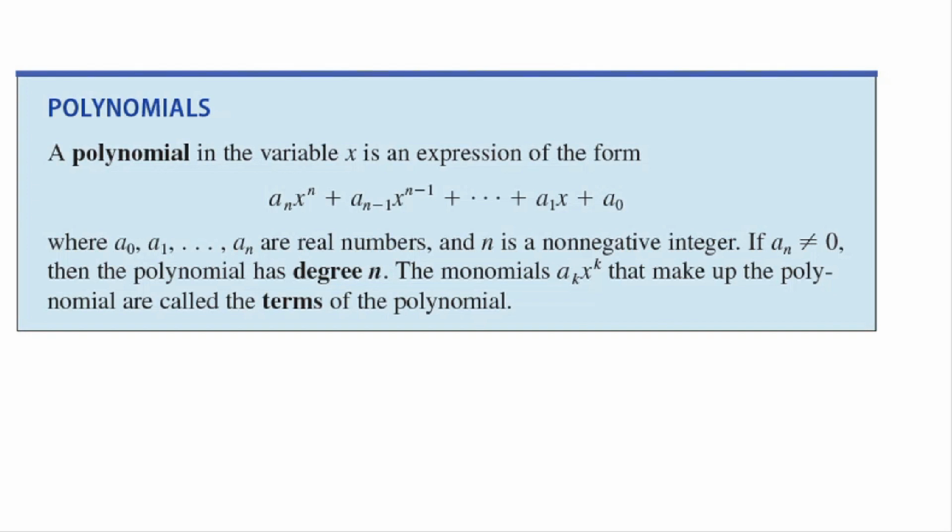A polynomial in the variable x is an expression of the form a sub n of x raised to n plus a sub n minus 1 of x to the power of n minus 1 plus and so on plus a sub 1 of x plus a sub 0, where the numbers a sub 0, a sub 1, until a sub n are called the coefficients of the polynomial.